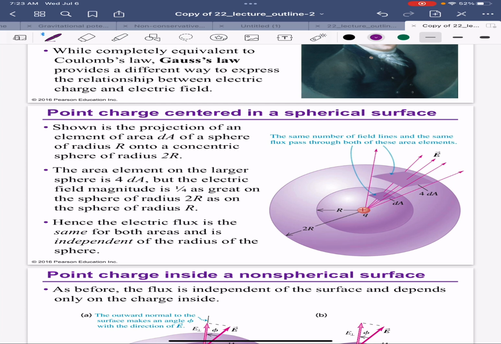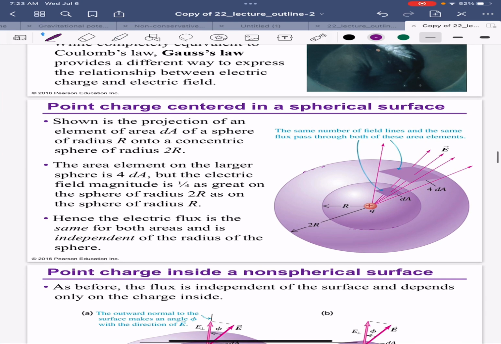One of them we call R, the small circle, and this one is 2R. The area element on the larger sphere is 4 times dA, because it's 4 pi r squared, so you have 4 times that area.